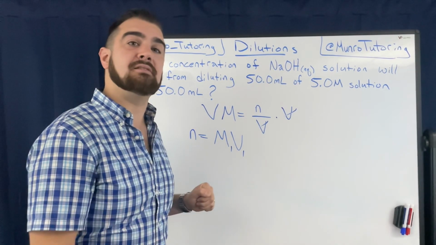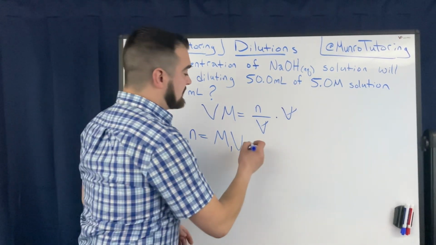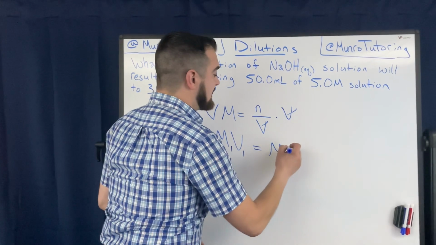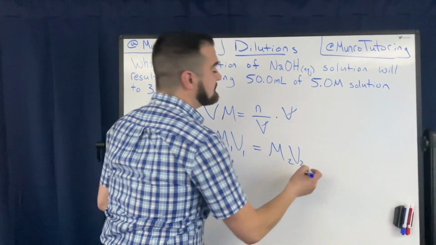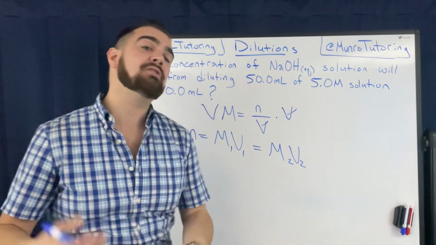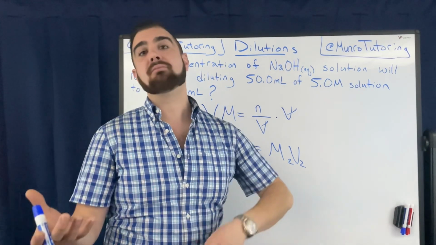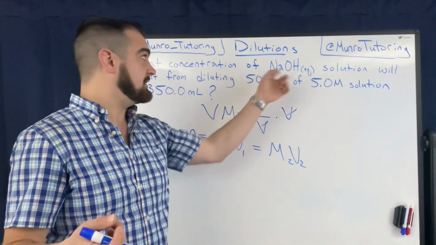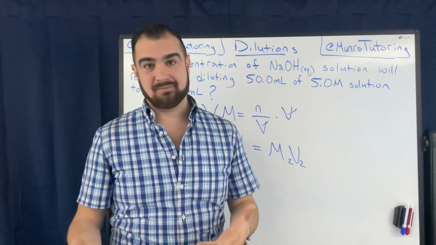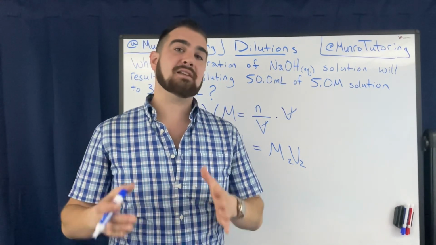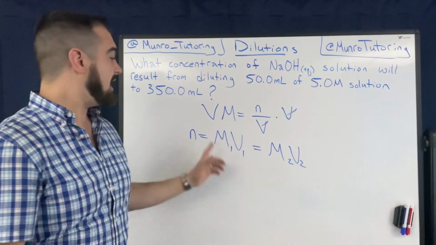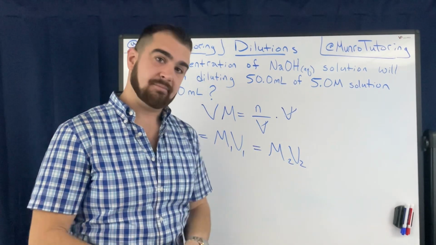It's going to be constant. That's going to be equal to the molarity times the volume at the second point in time after we diluted it, right? So in other words, moles of the solute before we dilute and after we dilute is going to be the same. That's how we end up with the dilution equation of M1V1 equals M2V2, okay?